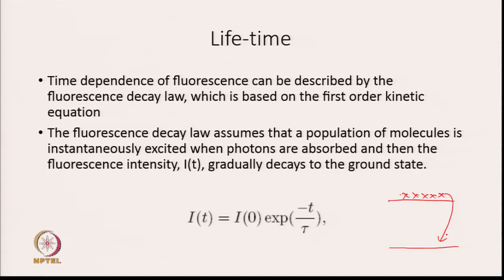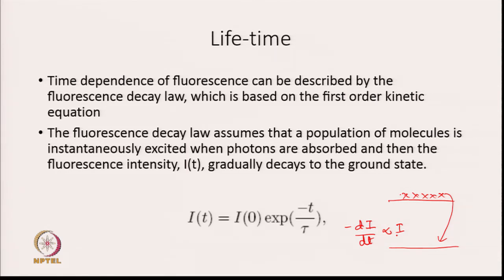The kinetic equation used to know the number of excited molecules decaying with time is: dI/dt is proportional to I.